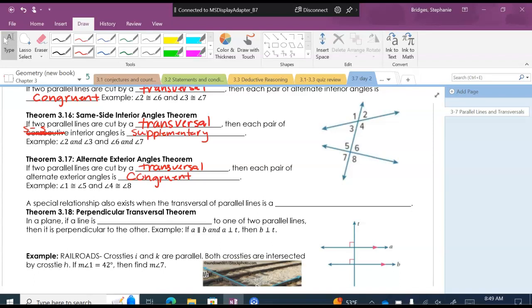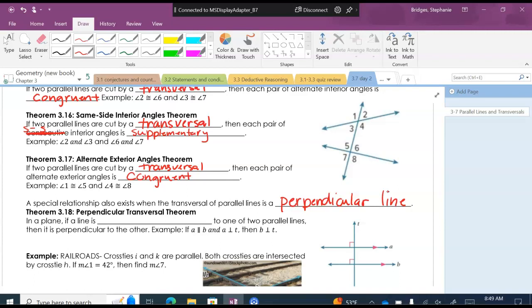Took me a minute to think about what that next one was saying, sorry. The next blank says, a special relationship also exists when the transversal of parallel lines is a perpendicular line. What does it mean to be perpendicular? What kind of angles do two lines form if they're perpendicular?